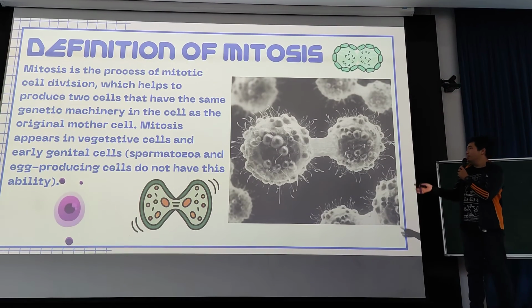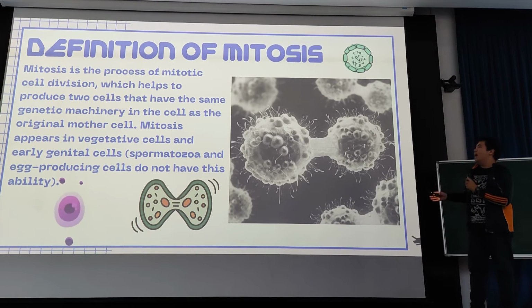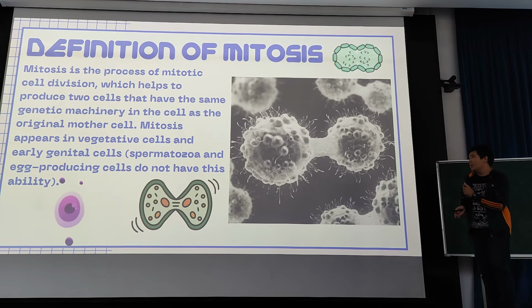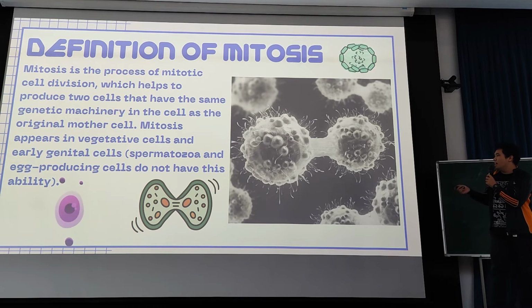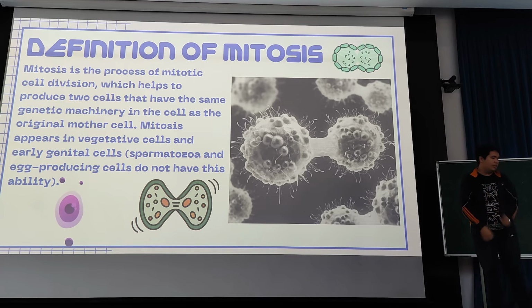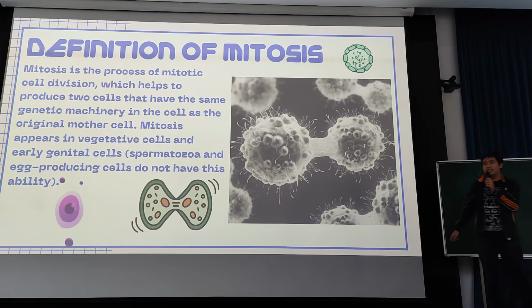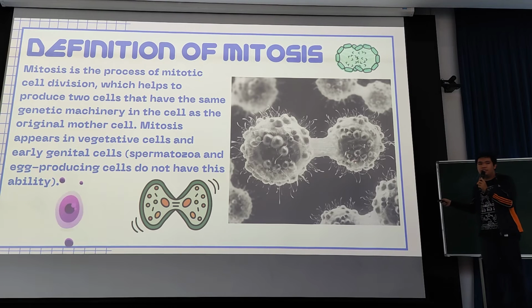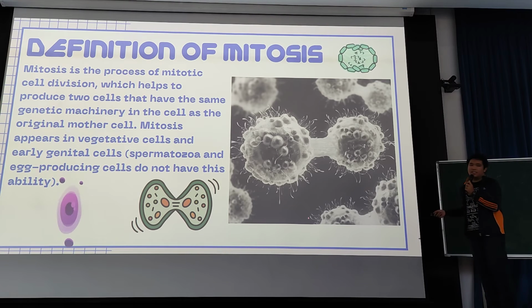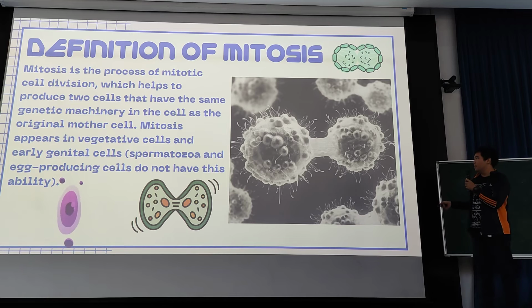Mitosis appears in vegetative cells and early germ cells, especially in spermatozoa and egg-producing cells. As you can see in this picture, I have an illustration for you about mitosis. Mitosis is nearly the cell division.